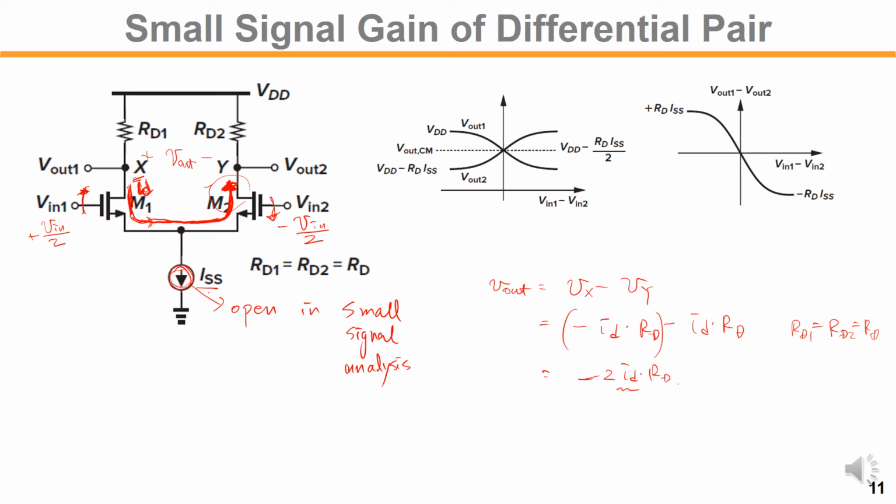If there's an ID there, then we know that the gate and source voltage variation would be ID over GM. On the right hand side, the same amount, ID over GM. Here the source is positive and the gate is negative now. As you can see there, we draw the KVL around the input network.